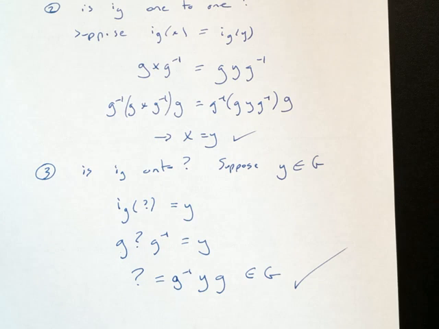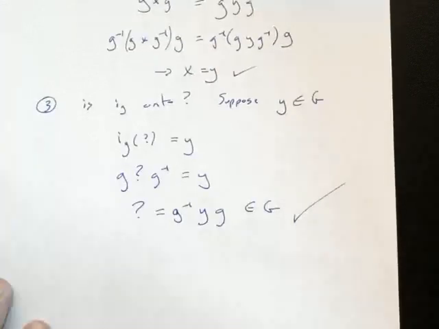Now, here's an interesting part. I have an isomorphism from the group to itself. We use these a lot. We use these so often we give them a special name.